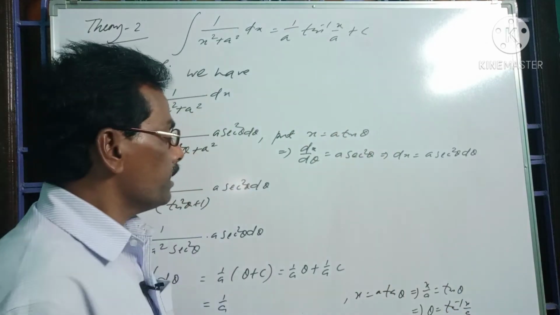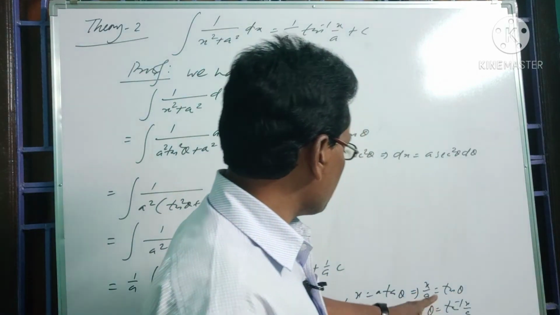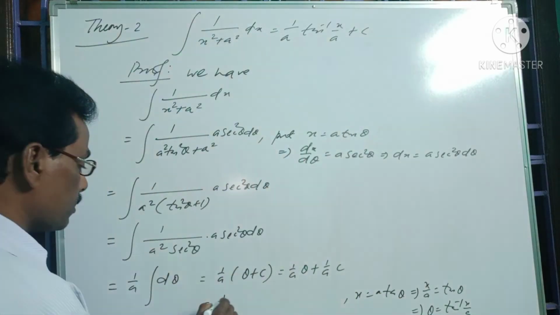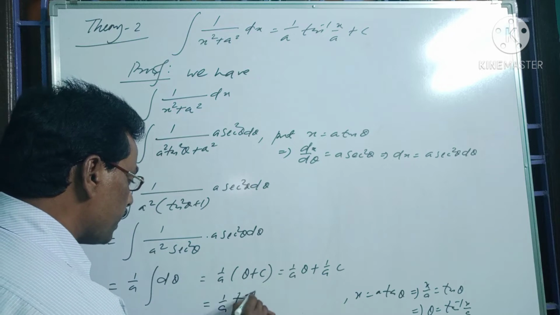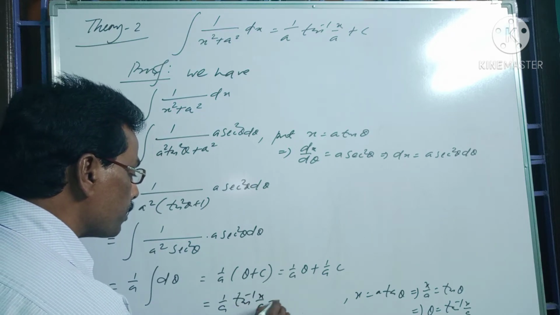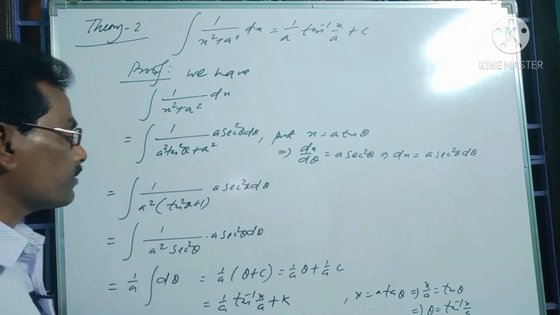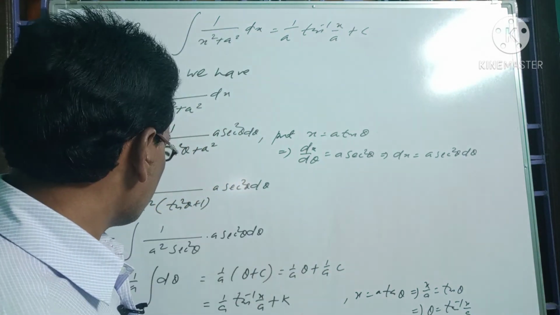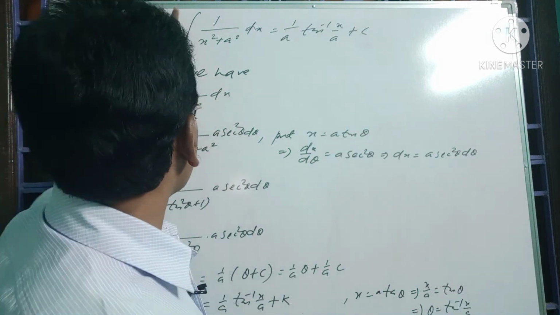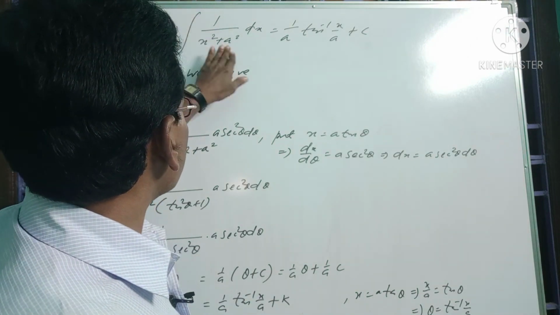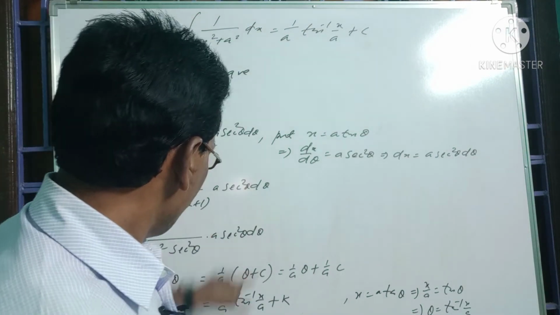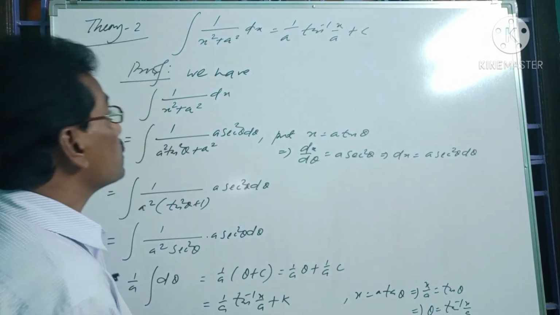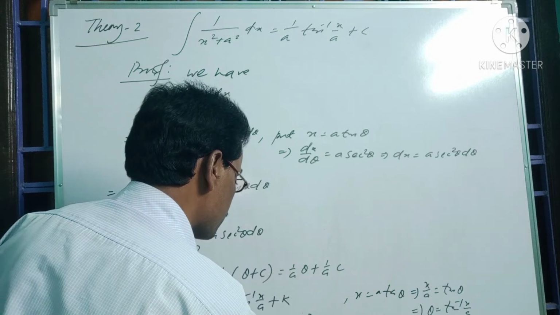Replacing theta, we got 1 by a tan inverse x by a plus k, where k is the constant of integration in place of 1 by a into c. So in this process we became able to integrate 1 by x square plus a square with respect to x, which is equal to 1 by a tan inverse of x by a plus k, hence the result.